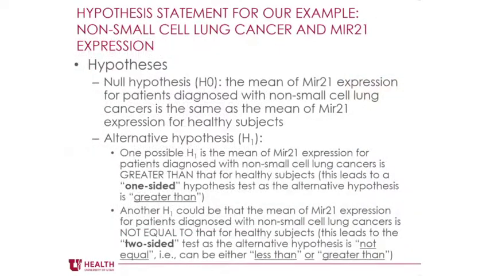In terms of alternative hypothesis, there are two types. The first type, we can say that the mean MIR-21 expression for patients diagnosed with non-small cell lung cancer is greater than that for healthy subjects. This leads to a one-sided statistical test, as the alternative hypothesis is greater than.